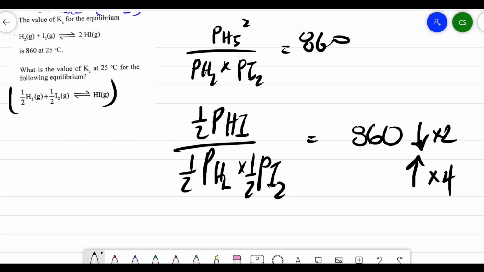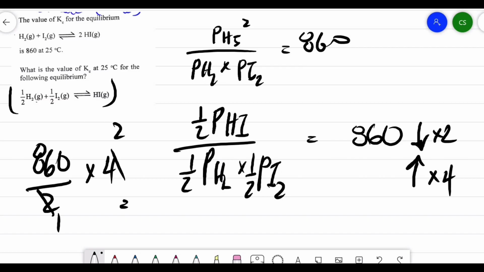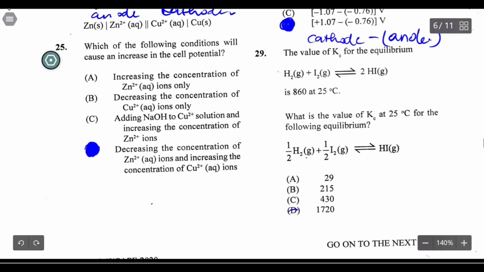So you want to divide 860 by 2 and multiply it by 4. 860 times 2 is 1720, being the new equilibrium constant. So your answer for this would be D.